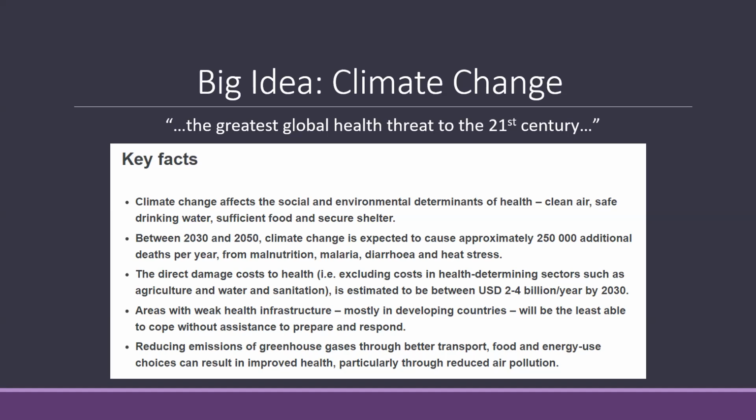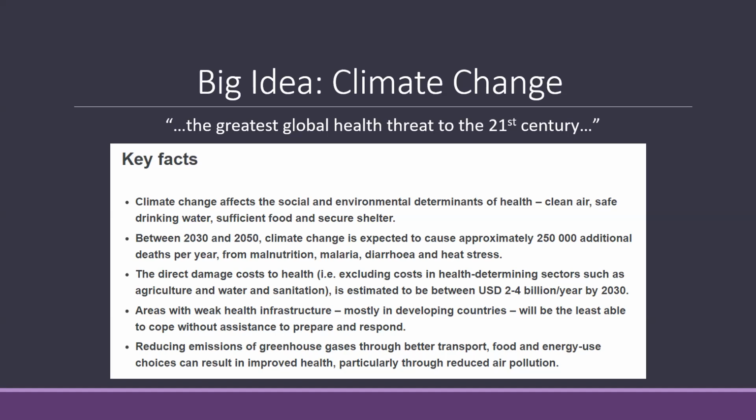And you can see some of the key facts here on climate change that come from the World Health Organization, that it affects all of our determinants of health. It's expected to cause 250,000 additional deaths per year because of malnutrition, malaria, diarrhea, and heat stress. The direct damages of costs to our health are huge.